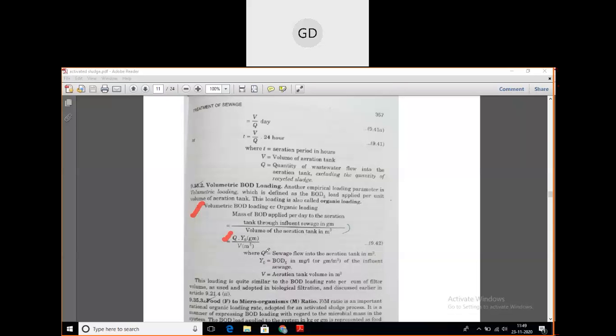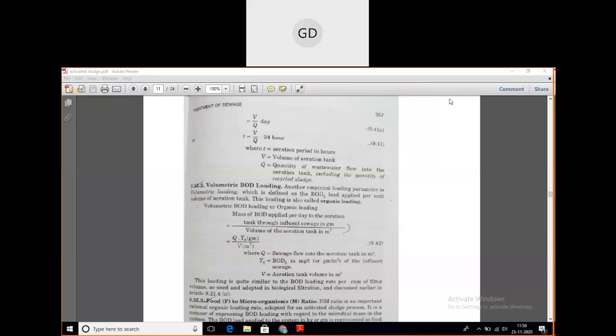It is the BOD5 of the influent sewage, multiplied by the sewage inflow, that is how much sewage is flowing into the aeration tank, and V is the aeration tank volume. This is the formula for volumetric BOD loading. You have to remember this.